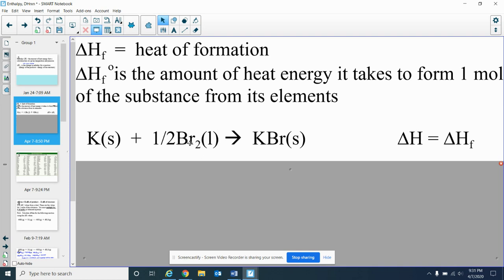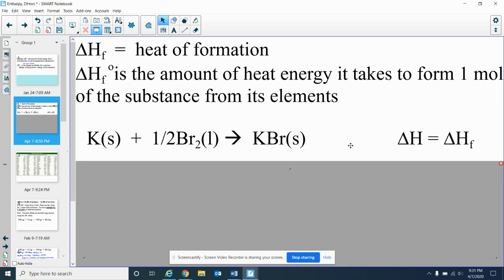Because bromine occurs naturally as Br2, but we only want 1 mole of Br for the KBr. So it'd be half a mole of Br2 liquid plus a mole of potassium solid, and that's their naturally occurring states. Combining those, we would get 1 mole of KBr.